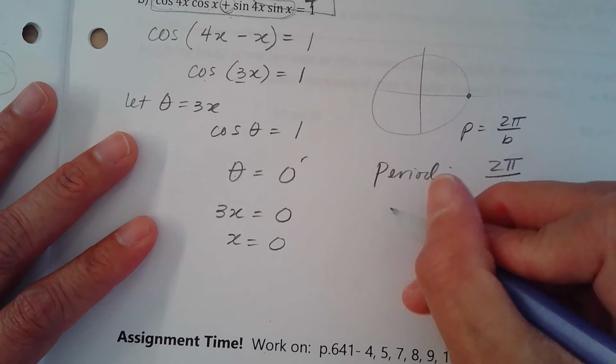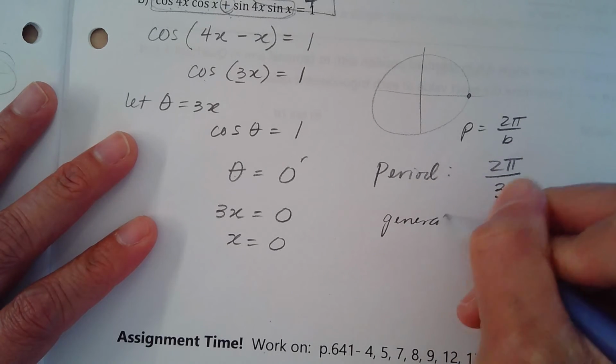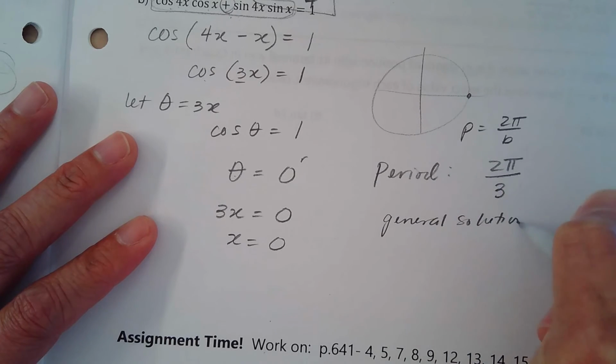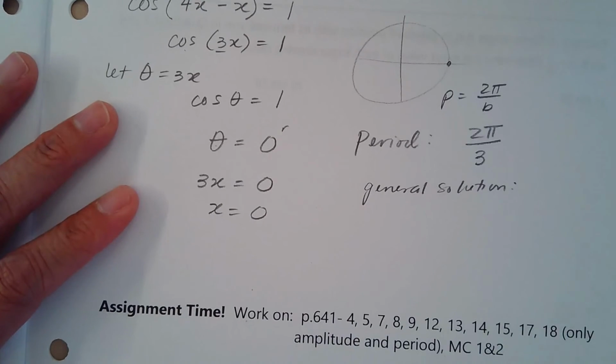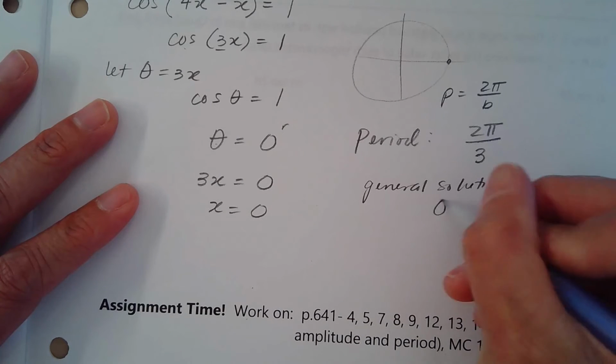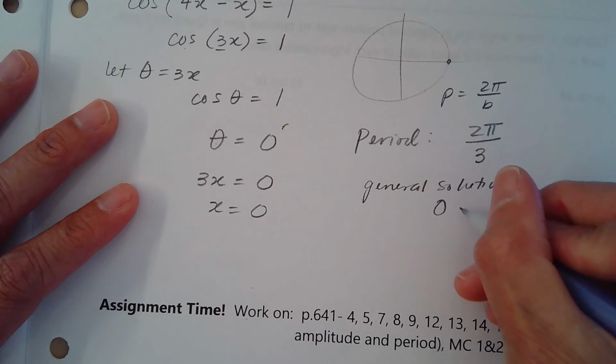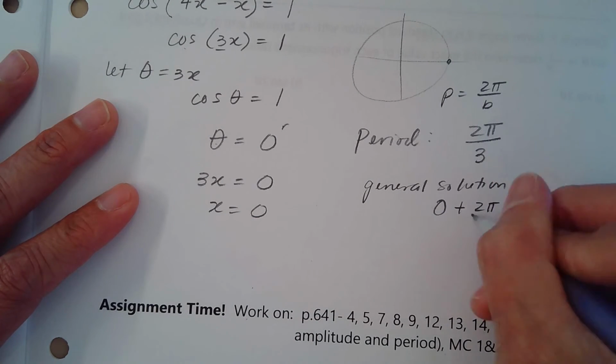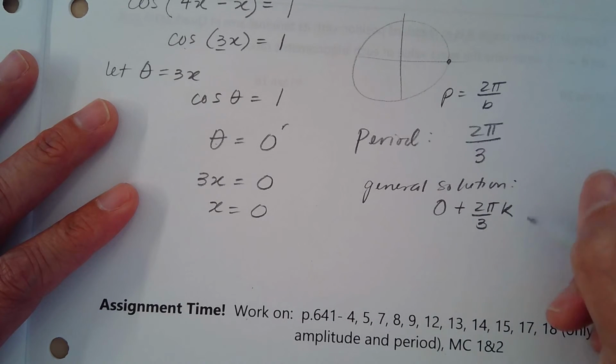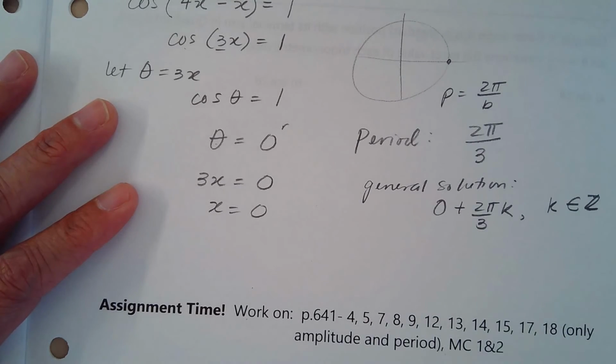So the general solution would be, I'll start with the general solution in here. Our general solution would be 0 plus 2 pi thirds times k, where k is an element of the integer.